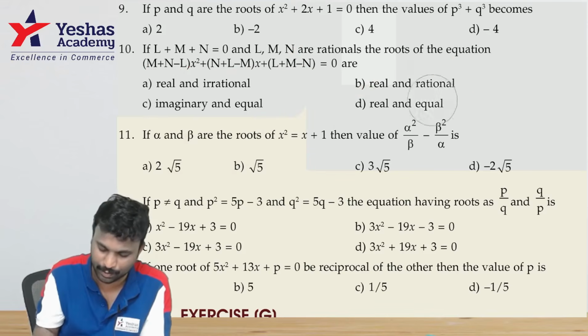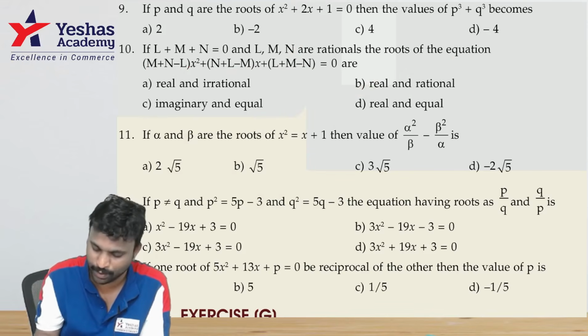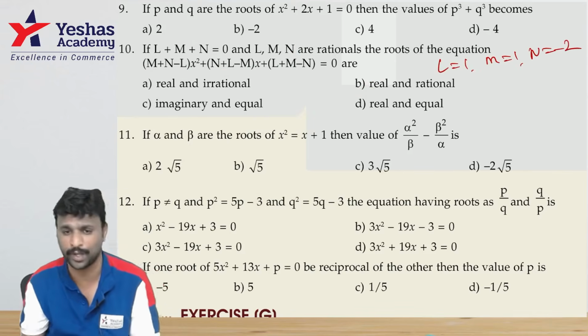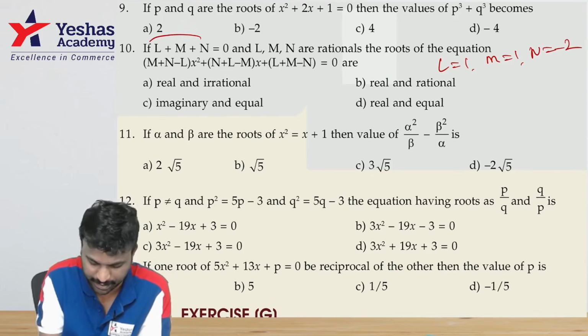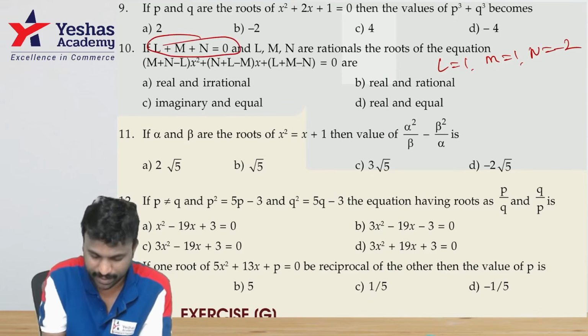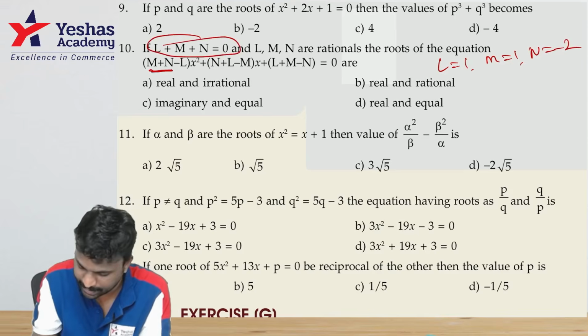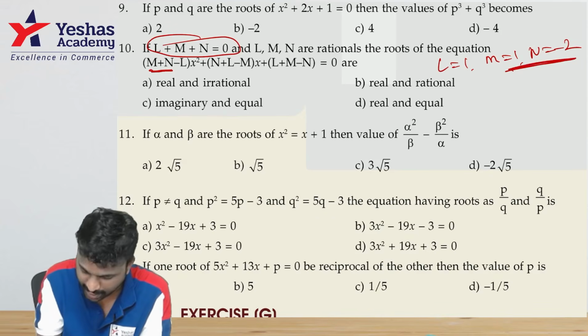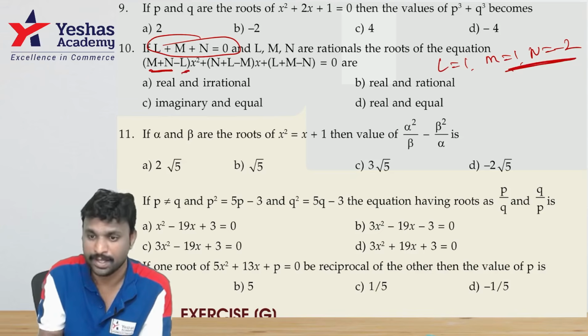Yes, of course, you can do this by plugging in different values for L, M and N also. So L is equal to 1, M is equal to 1 and N is equal to minus 2. Even with this you can solve, because the sum of these three is equal to 0. So what is M plus N? M plus N is minus 1, and L value is 1, so there's a negative sign.